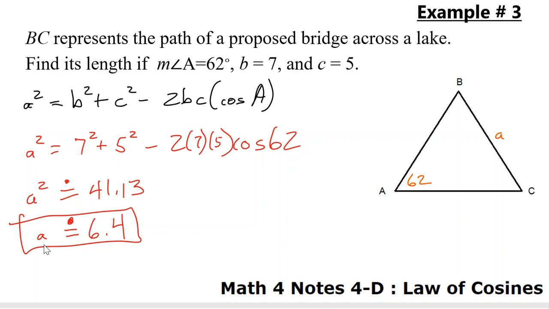So, I don't know whether these are miles or meters or whatever, but whatever that bridge across the lake is, it's 6.4 units. When little b is 7 and little c is 5. So that is your notes for 4D.